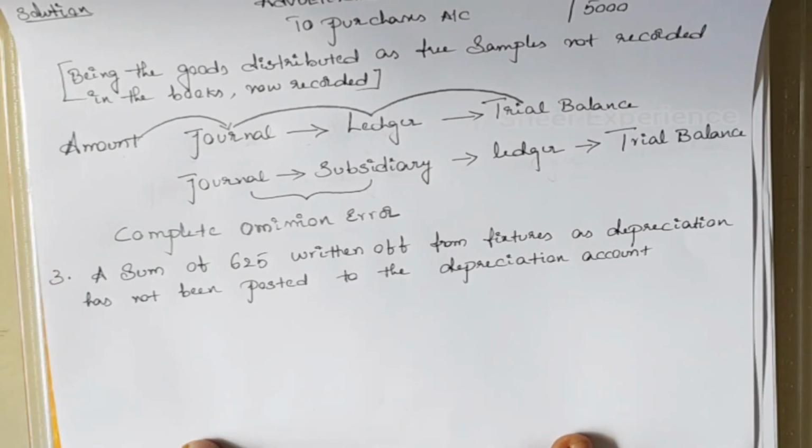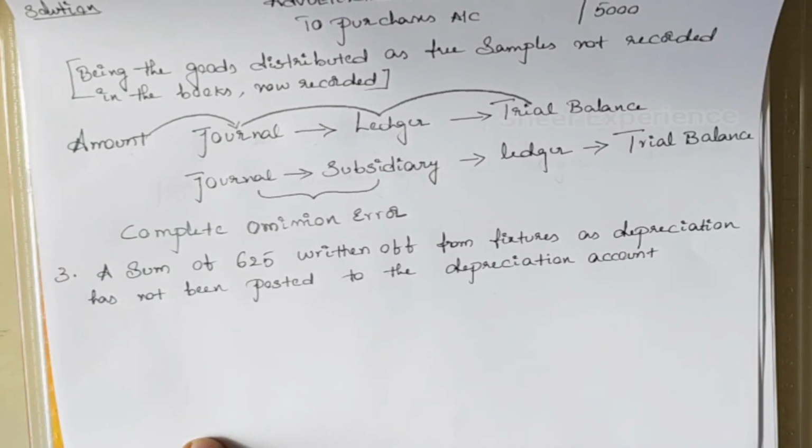Our next error is a sum of 625 written off from fixtures as depreciation has not been posted to the depreciation account. Here they are talking about posting. Posting means ledger posting. We have two accounts. One is depreciation account and another one is fixtures account.